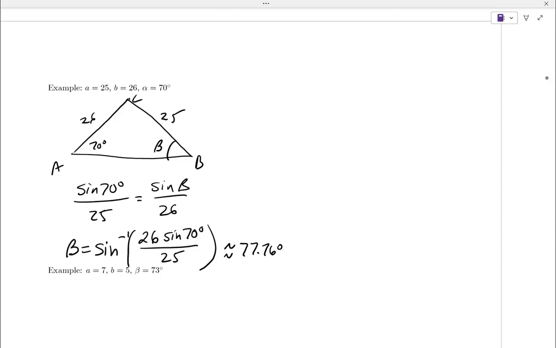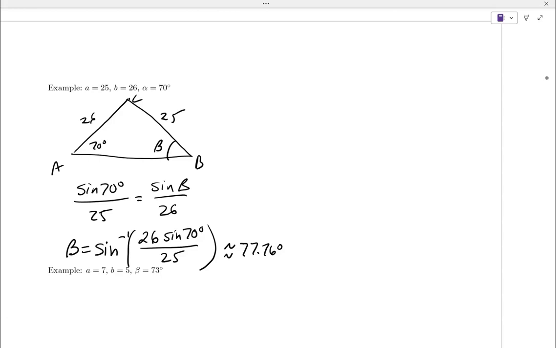Well, let's think about this for a second, and then we'll probably finish it up next time because I've got about 2 minutes. Remember when you do inverse sine, it always gives you an angle in quadrant 1 or 4. Everything here is going to be positive, so you're always going to get an angle in quadrant 1. However, there's also an angle over in quadrant 2 that has the exact same sine value, right?